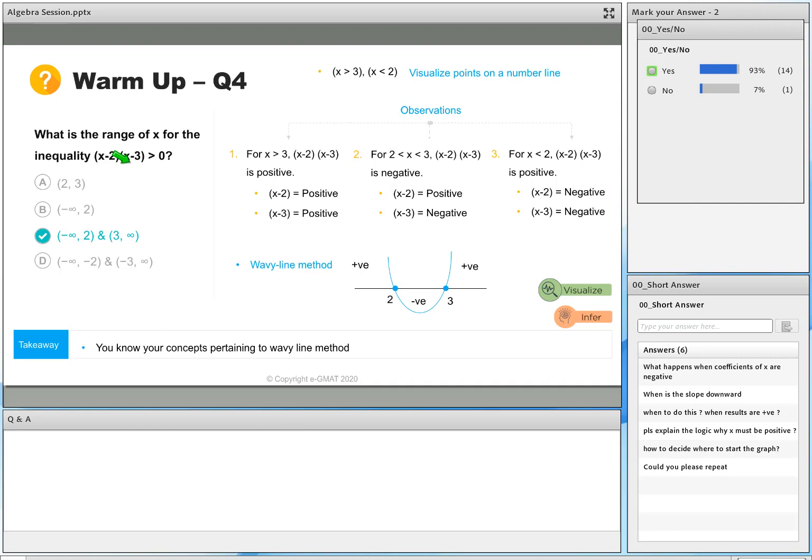I would rewrite my 3 minus x as x minus 3, but with an extra negative sign. And when I multiply both sides of the inequality by -1, then to get rid of that negative sign, my inequality will flip. The moment I make all of my coefficients of x positive, I'll again be free to make the wave from the top right hand corner.